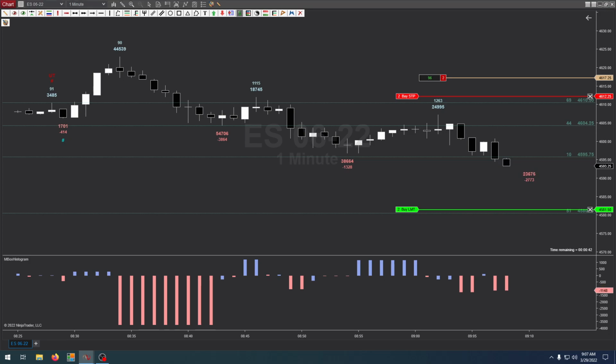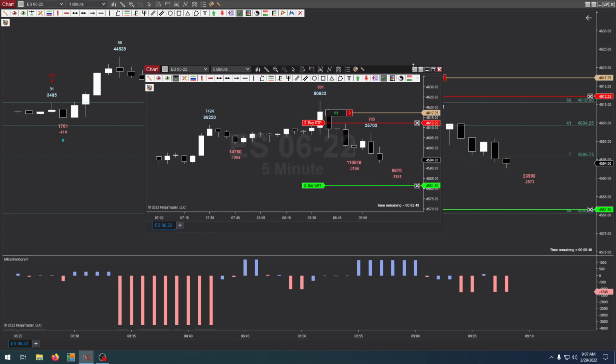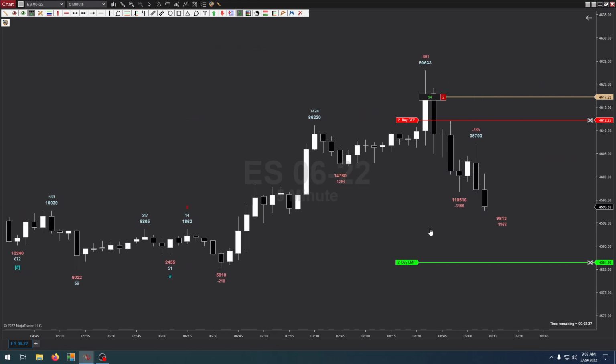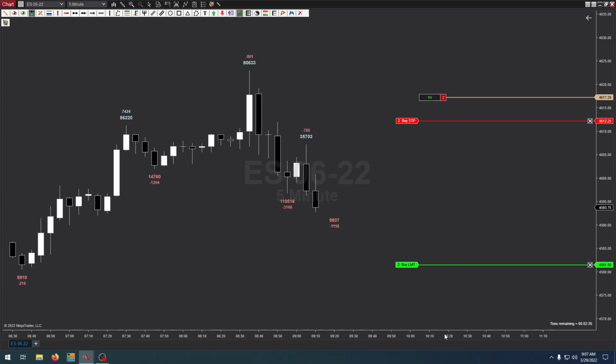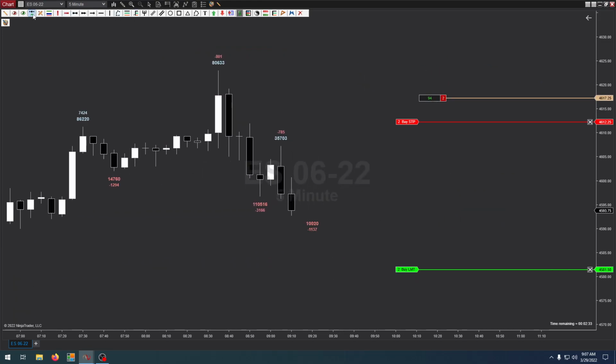On the 5 minute, we have pretty good geometry created if it will work. And that will get us where our target is right there. So negative sell imbalance right here on point C. And if you look, all beginning here, negative volume deltas.